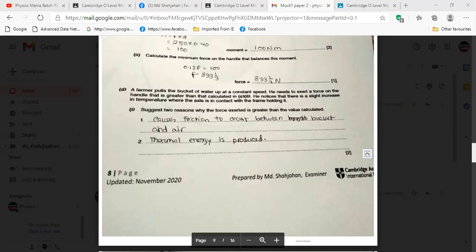So here you can bring some other sources of forces, like you brought one force, that is friction. You can bring also the idea of weight of rope, because that one also increases the force. Is it clear?